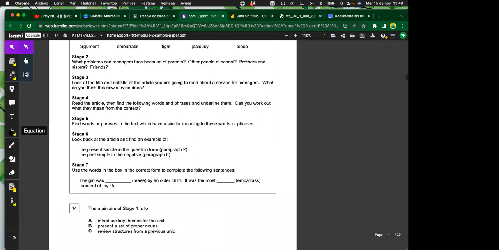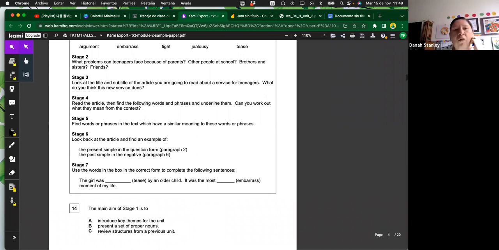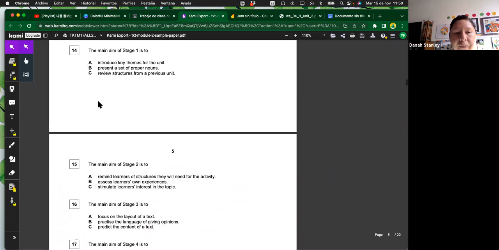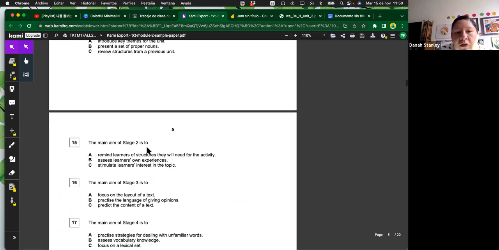Exactly, letter A, introduce key themes for the unit because it's the leading. Perfect. Number 2, what problems can teenagers face because of parents, other people at school, brothers, sisters, and friends? The main aim of stage 2 is to remind learners of structures they will need for the activity, assess learners' own experiences, or stimulate learners' interest in the topic.